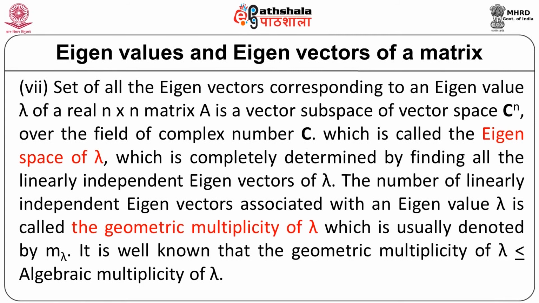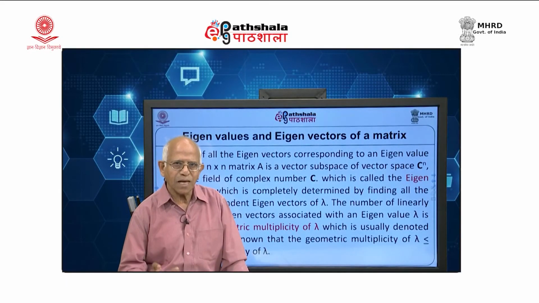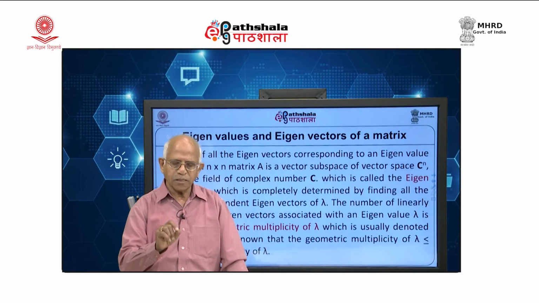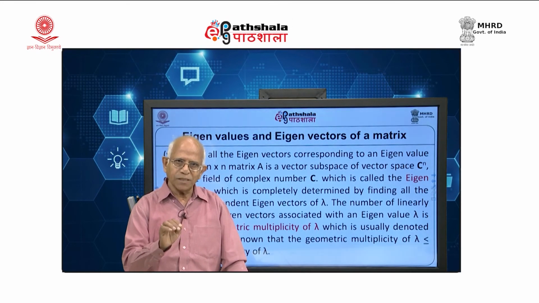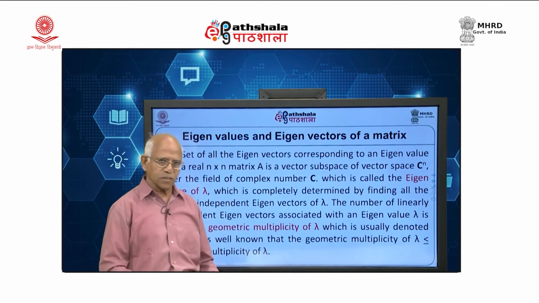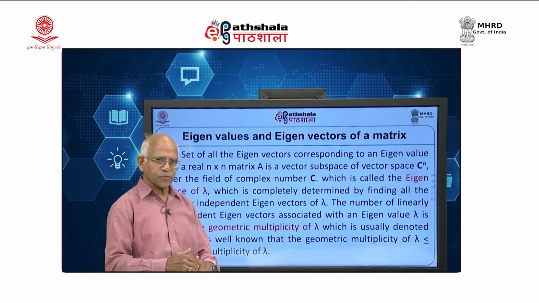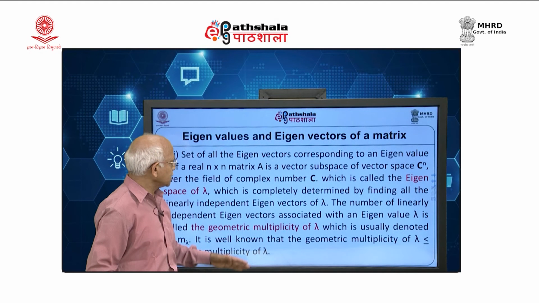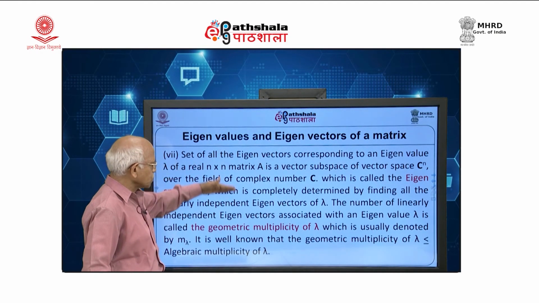It is completely determined by finding the linearly independent eigenvectors of A, because every vector space has a basis formed by linearly independent vectors. So, if I can find all the linearly independent vectors corresponding to lambda, that will give me the basis of the eigenspace.